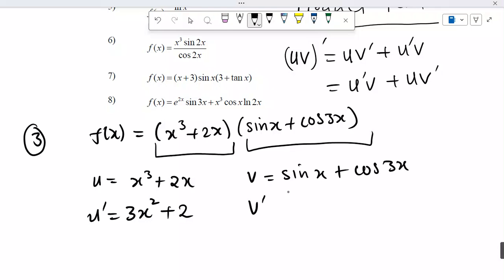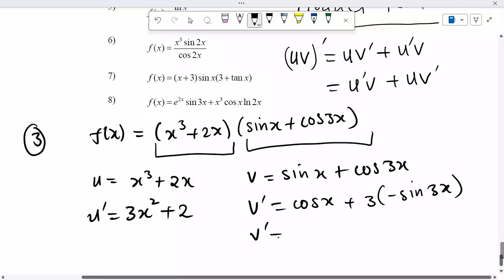So v prime, you differentiate sine, it will be cos x. Then for this one, you take out the coefficient of x, so first you write plus 3. Then what's the derivative of cosine? It's negative sine 3x. So v prime equals cos x minus 3 sine 3x.